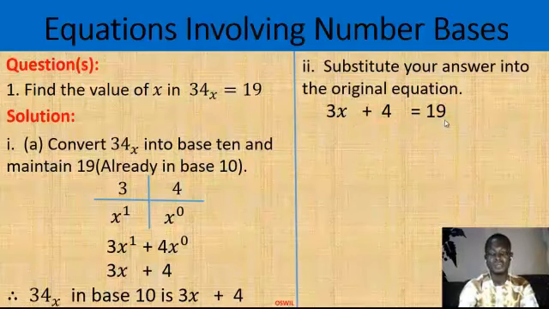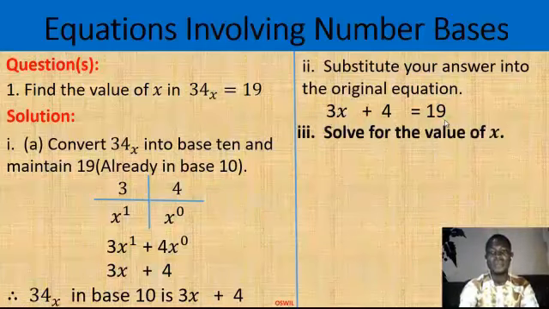Now we are going to solve to find the value of x. To find the value of x, 4 is found at the left-hand side, 19 at the right-hand side. We are going to group like that, and that is not done by magic.